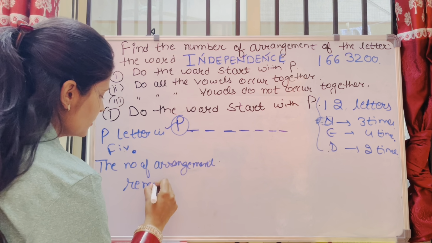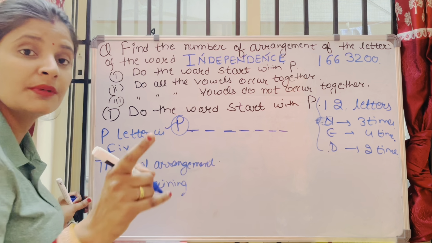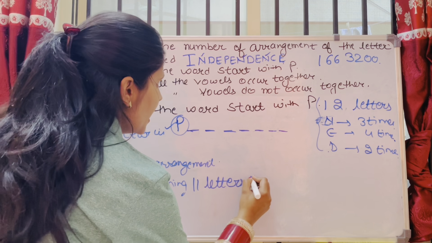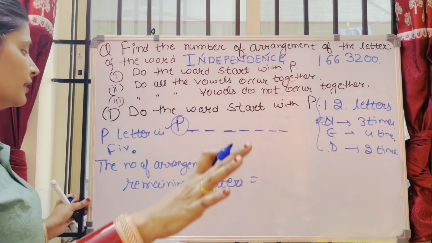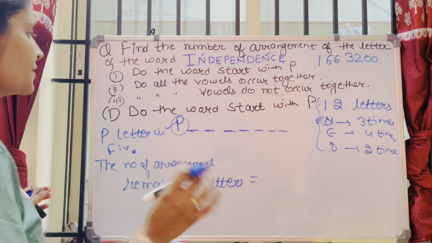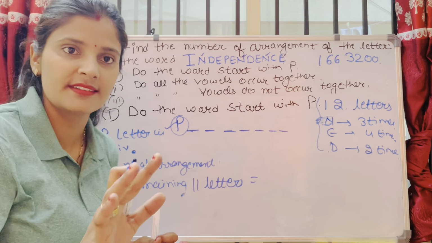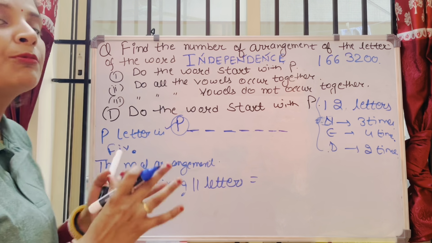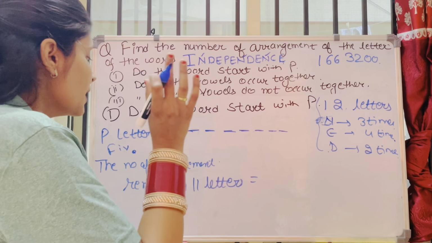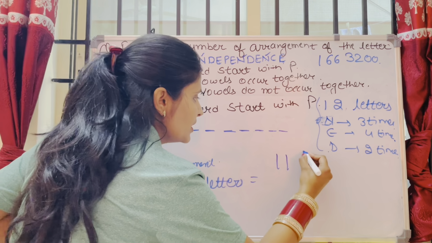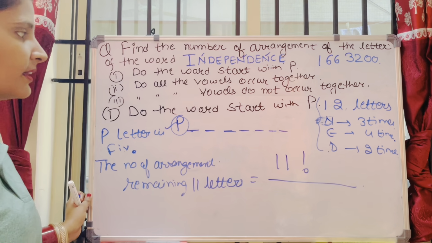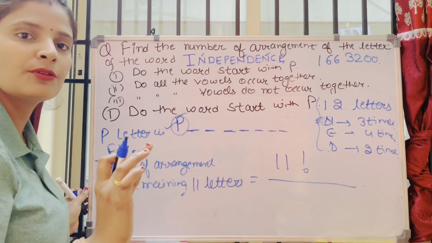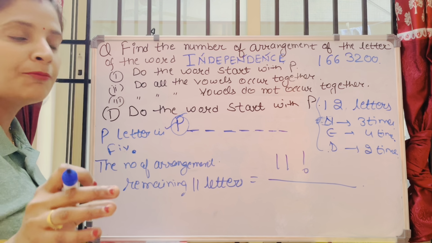of the remaining, we will find the number of arrangements of the remaining 11 letters, right? In Independence there are total 12 letters, but out of which one letter, that is P, is fixed. So 12 minus 1, that is 11. Because the word starts with P, P is fixed, so we don't have to arrange this.